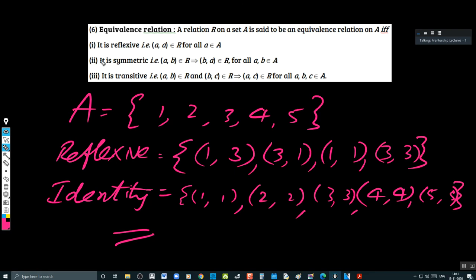This is what you have to understand, no confusion. So you can say that identity is a subset of reflexive. That means every identity is reflexive, but every reflexive need not be identity. That's why I said that in the beginning itself.